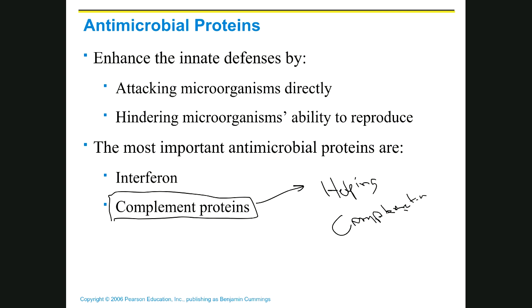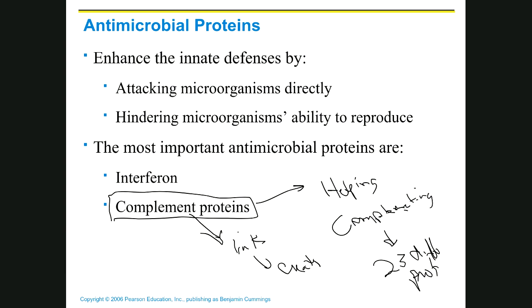Well, what it turns out to be is a bunch of proteins, about 23 different proteins. And what these proteins do is they can link together like a jigsaw puzzle. And when they link together, they create holes in the membrane of bacteria.